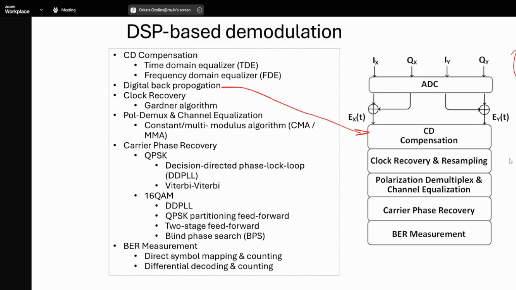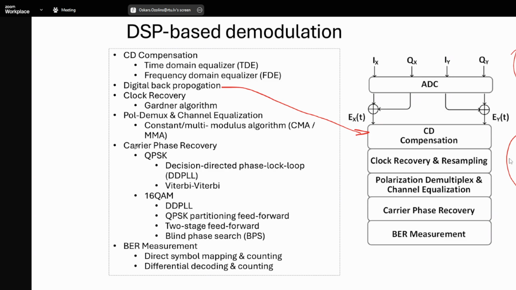But when you start to work with 16 QAM, as we saw, there's not one, not two, but three amplitudes you need to deal with. Then for each amplitude you apply the CMA algorithm, and you call it the multimodulus algorithm. So yeah.